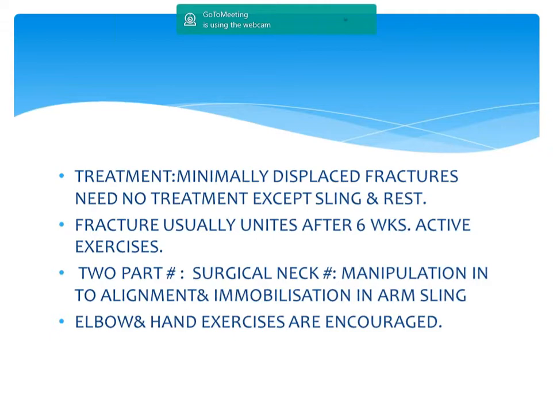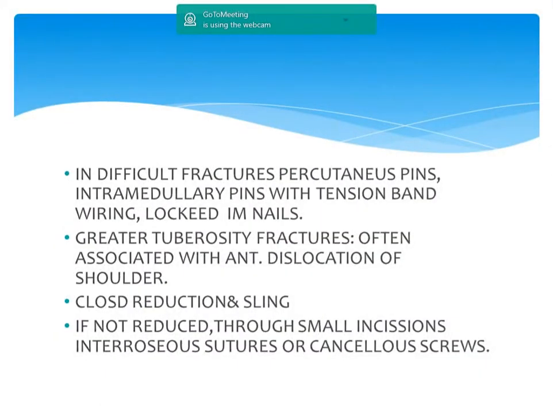Completely. And a two-part fracture is a surgical neck fracture. You can manipulate and immobilize in an arm sling, even though it is a little bit displaced. Elbow and hand exercises to be encouraged. So, in case of difficult fractures, percutaneous pins, intramedullary pins with the tension band wiring. So, if it is a greater tuberosity fracture, better you can go for pin and tension band wiring. And greater tuberosity fractures are often associated with anterior dislocation of the shoulder.